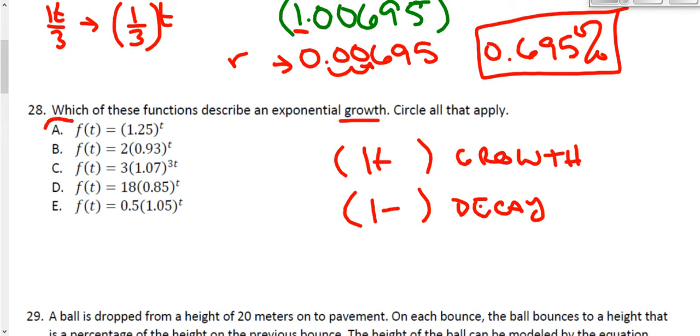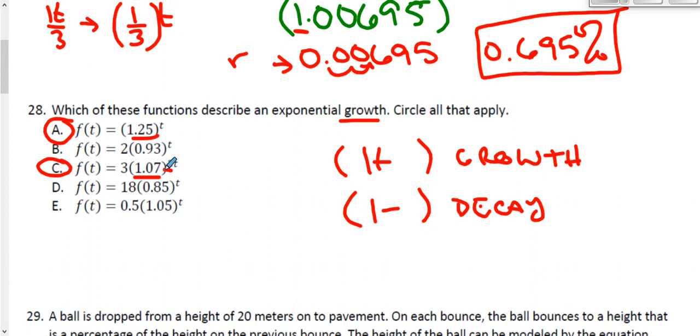So A has a number in the parentheses greater than 1. It's 1.25. That's big. B has 0.93. That's smaller than 1, so that's not growth. C has 1.07. That's larger than 1. It's also going to be raised to the third power to make sure 1.07 to the third power is even larger than 1.